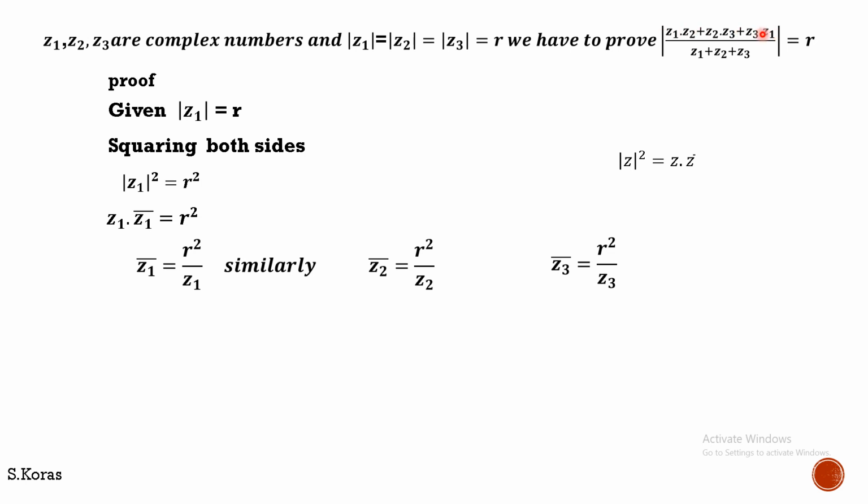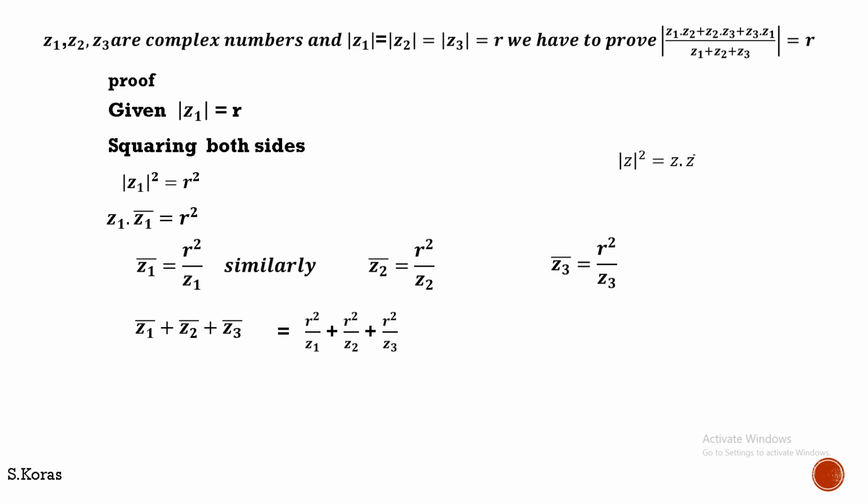So, we can come to the conclusion that we have to add these three complex numbers. If we add them, surely we'll get this type of format. Let us try that. Now let us find Z1 bar plus Z2 bar plus Z3 bar, that is R square by Z1 plus R square by Z2 plus R square by Z3.